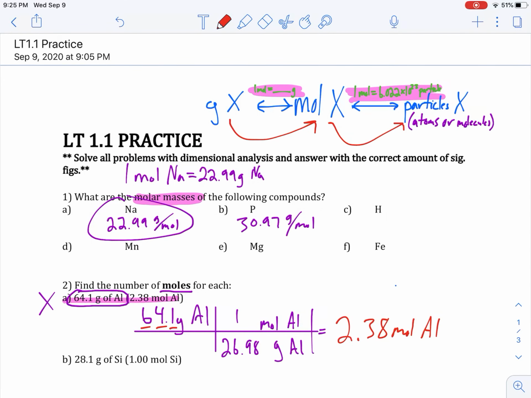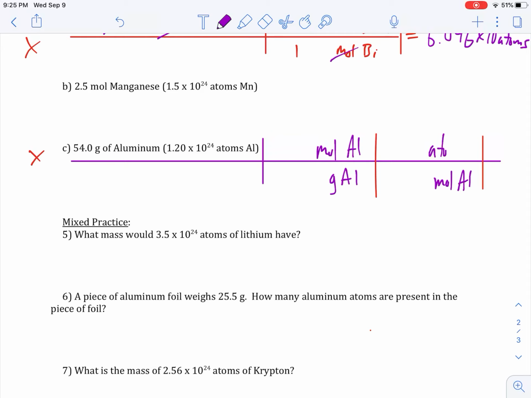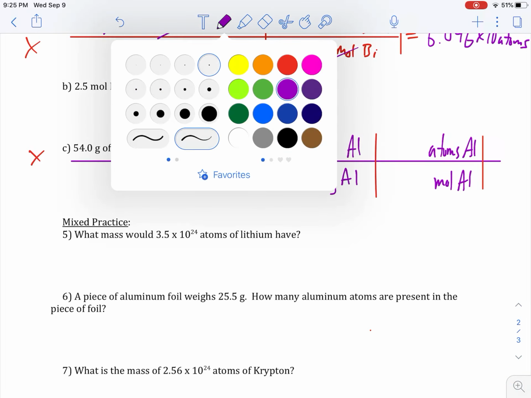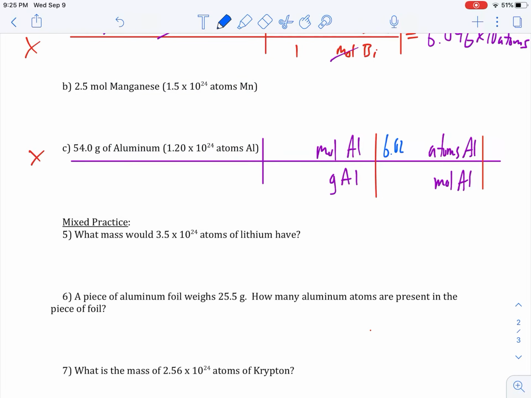And in the second step, I'm going moles of aluminum to atoms. Put in Avogadro's number for every 1 mole, and put in the molar mass of aluminum, which we've already found right here, 26.98. That allows us to cancel grams of aluminum, canceling moles of aluminum, and we're left with atoms.